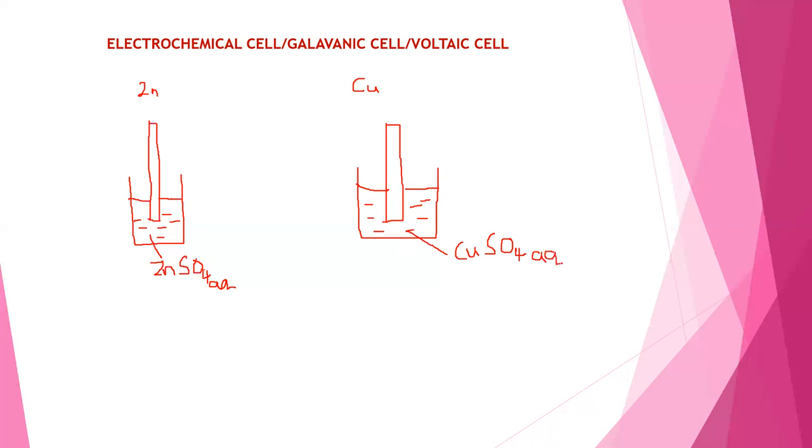Then the two electrodes are connected by a metallic wire. It can be copper wire, or any wire that conducts electricity.